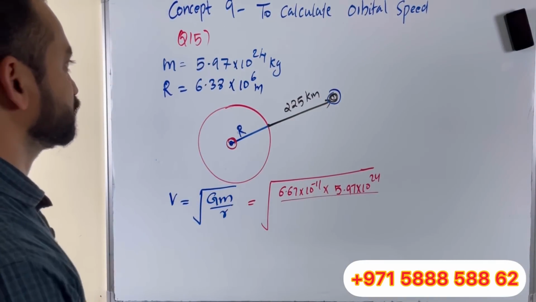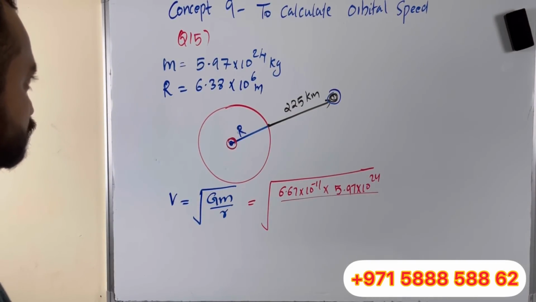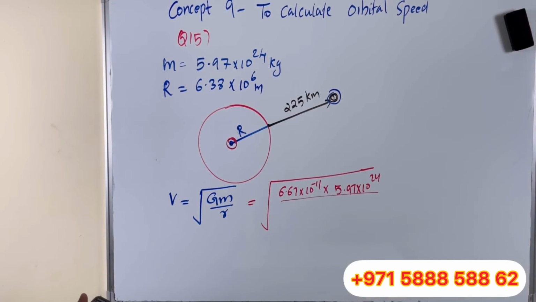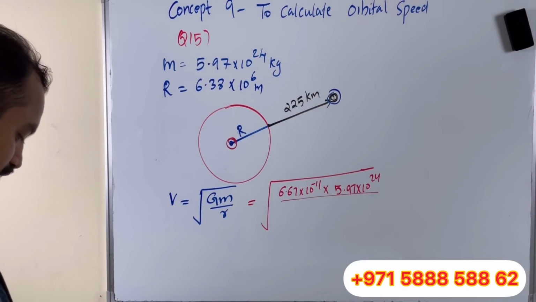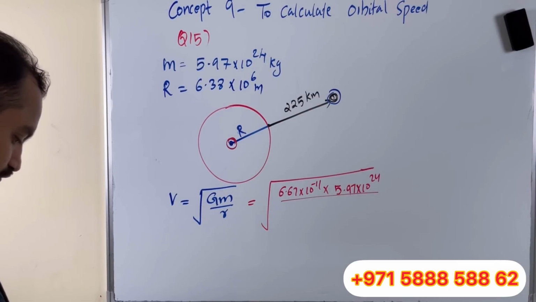6.38 times 10 to the power 6 plus 225 times 10 to the power 3, right? Because we need to change that into meter. So I will just add 6.38 times 10 to the power 6 plus 225 times 10 to the power 3.